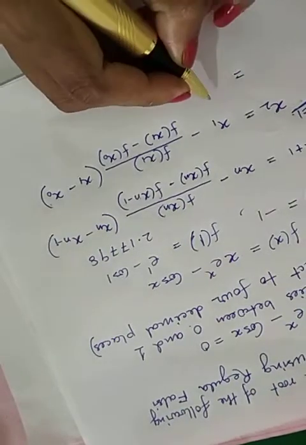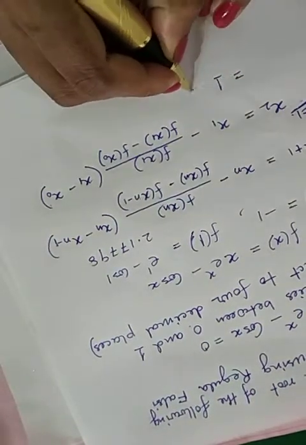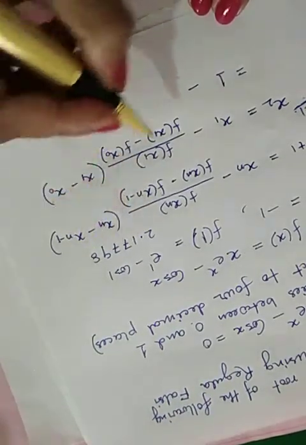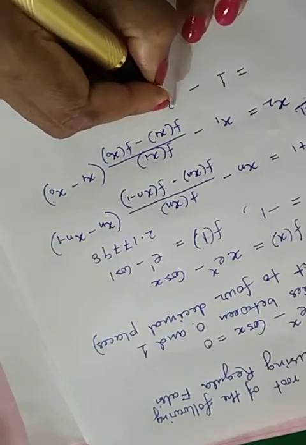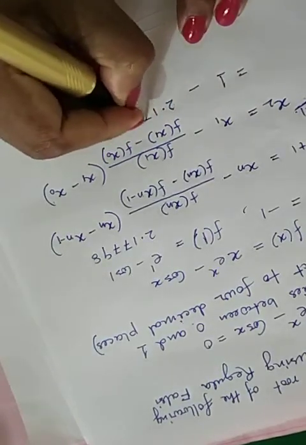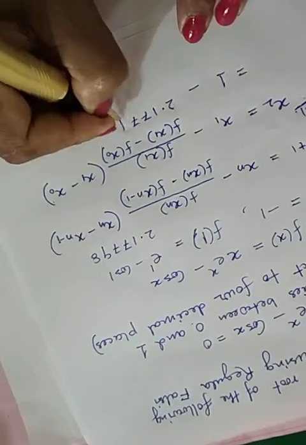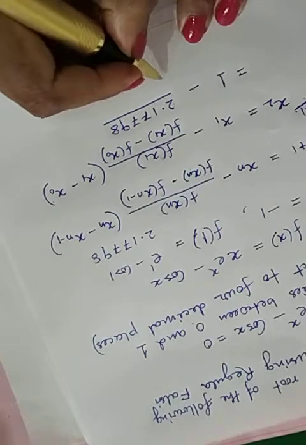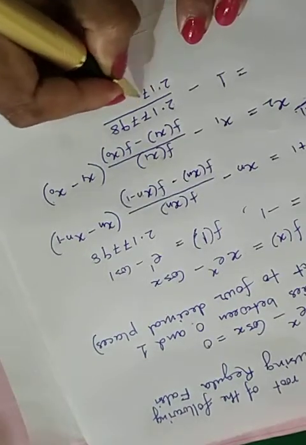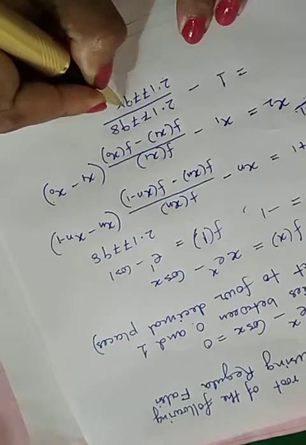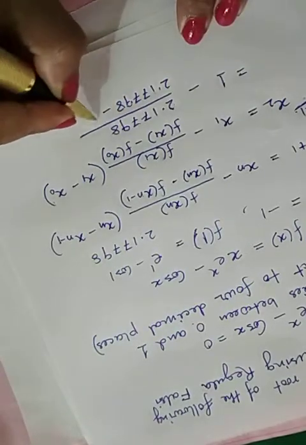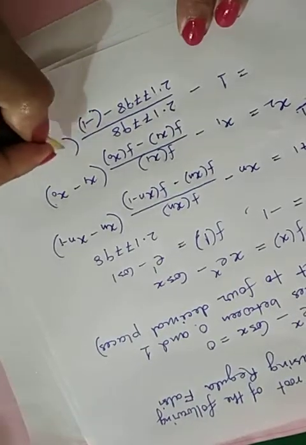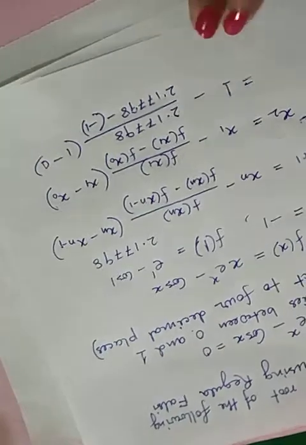Then let us put the value of x1, that is 1, minus f(x1), which is already found, that is 2.1778, divided by 2.1778 minus, 1 and 1 minus 0.